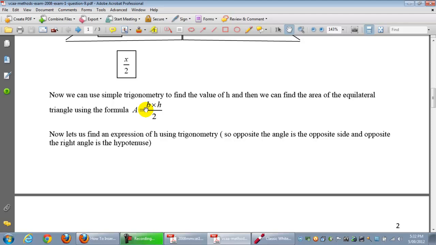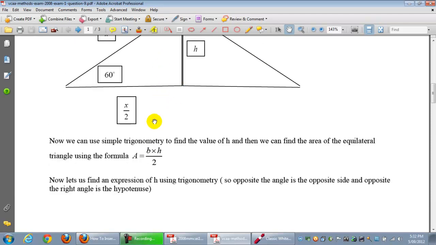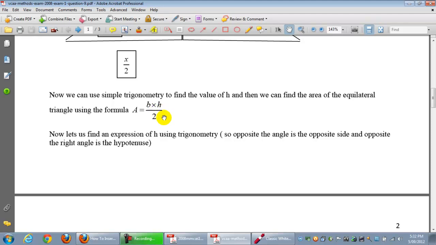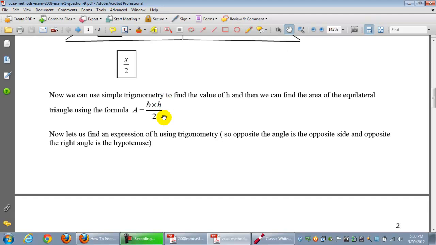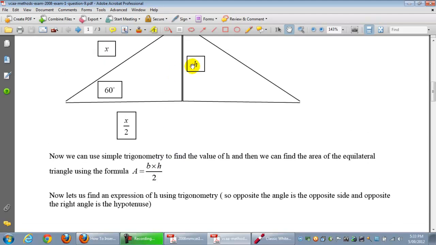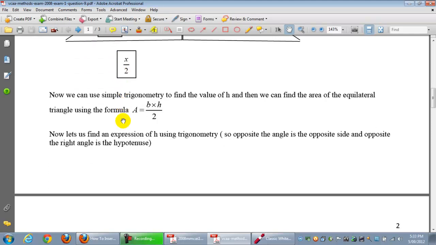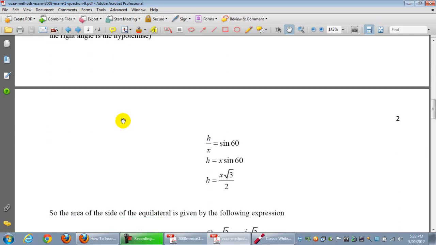We know that the area is equal to bh over 2, base times height over 2. What's h? We use a little bit of trigonometry here. h is equal to x root 3 on 2.